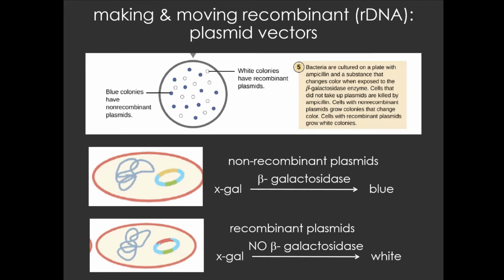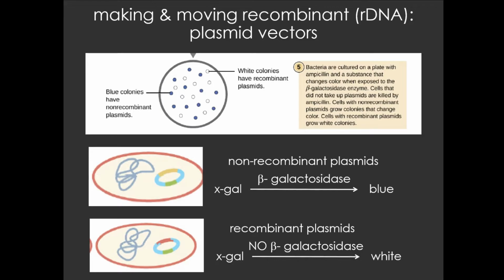And that has to do with the fact that the area of the plasmid where the restriction recognition site exists is in what's called a multiple cloning site, where there are multiple restriction enzyme recognition sites within the beta-galactosidase gene.